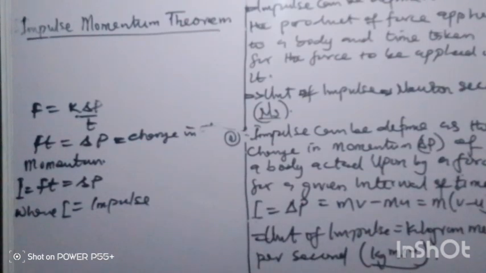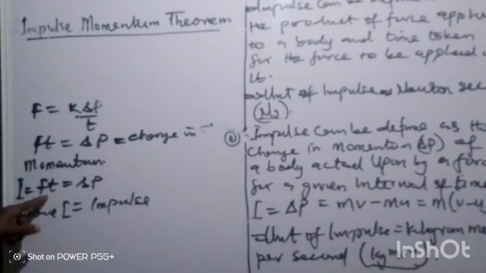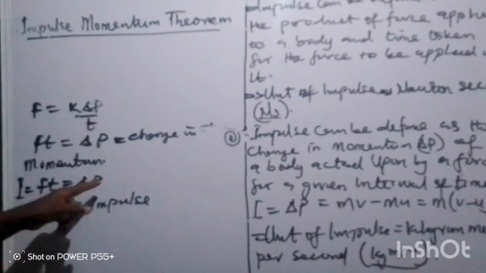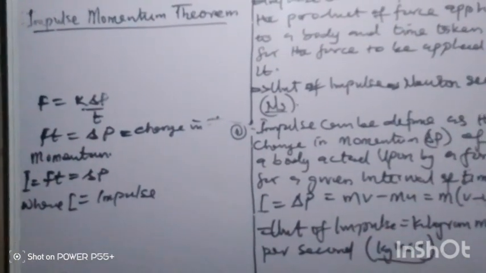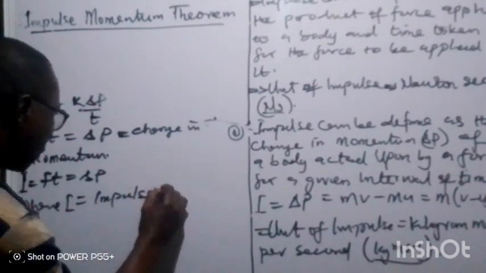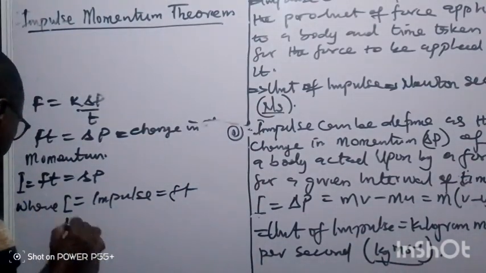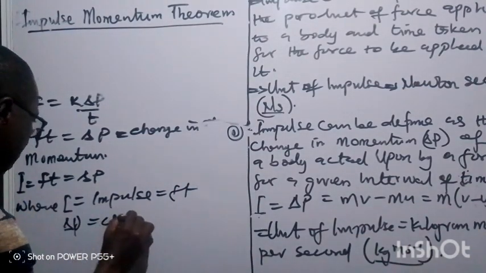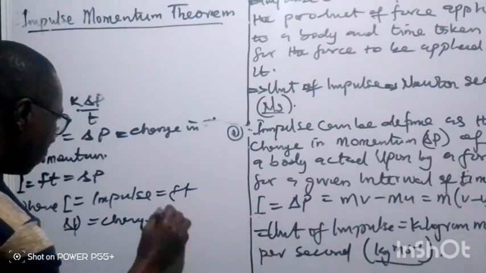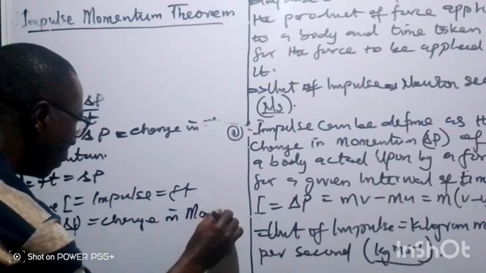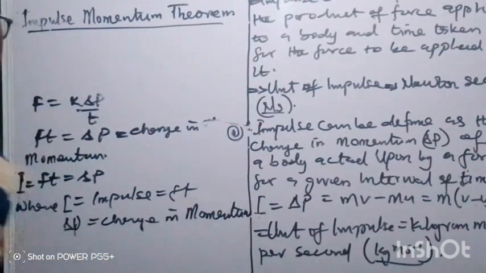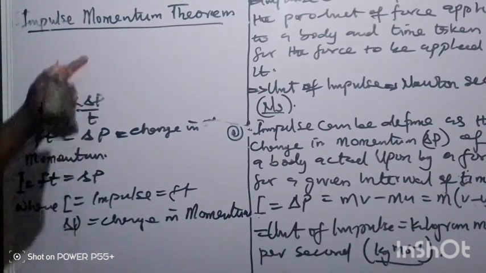We can say that I, which is the impulse, is equal to Ft, which is equal to the change in momentum, delta P. That is what the theorem is trying to explain. It shows a clear relationship between impulse and momentum.